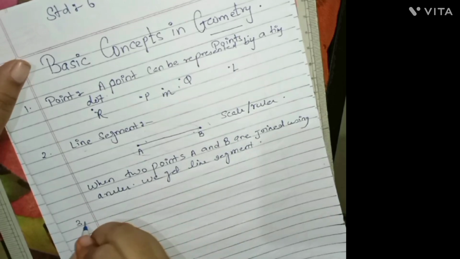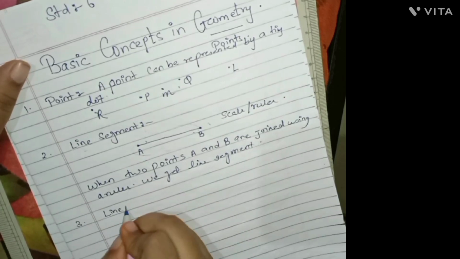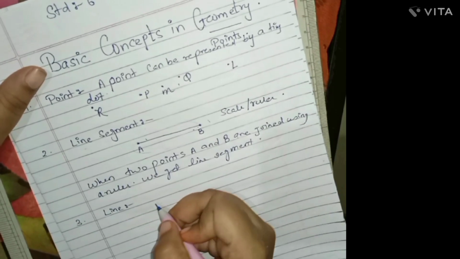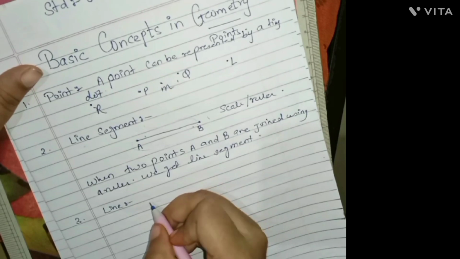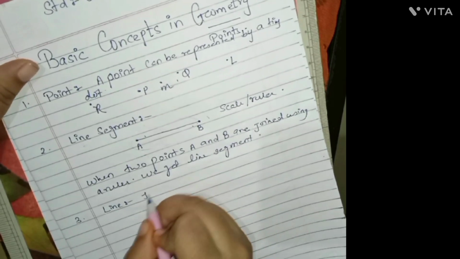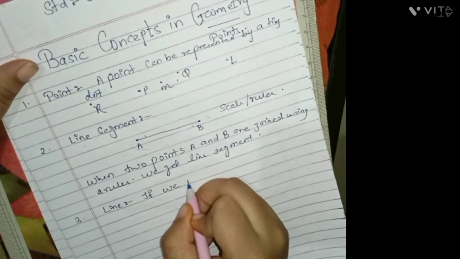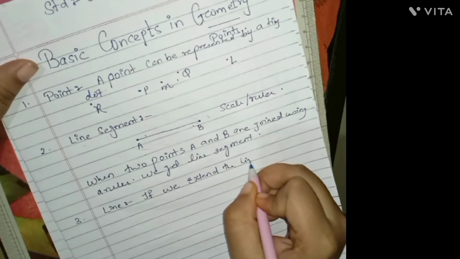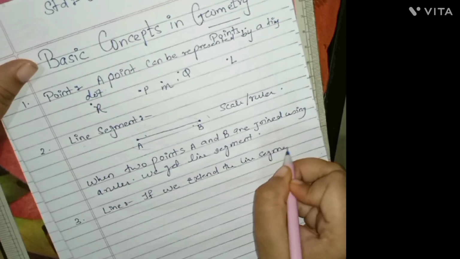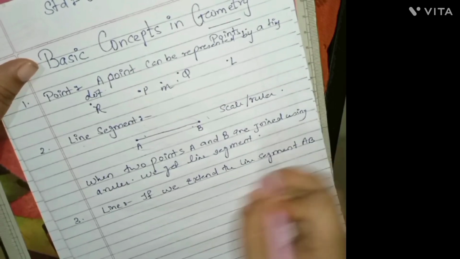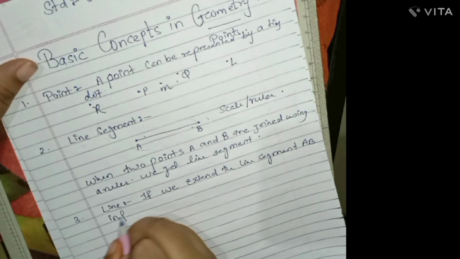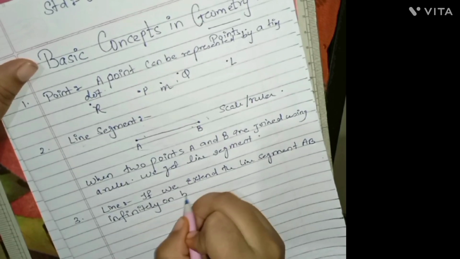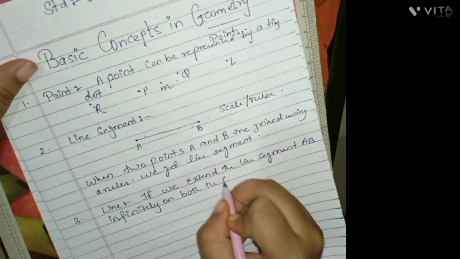Now the third one, line. If we extend a line segment infinitely on both sides, for example if we extend line segment AB infinitely on both sides, understood?